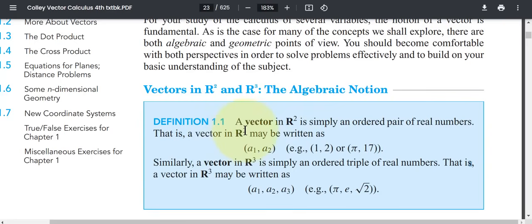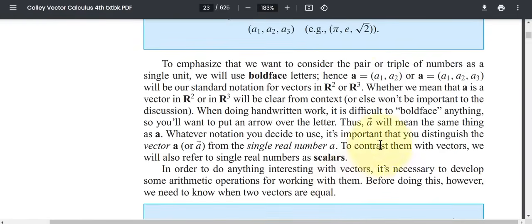It just means there are two elements, and each element in the vector is a real number. That's the R there. We don't have to use real numbers when we're talking about vectors, but typically we do, so we have an R, and the 2 says that there are two elements, and the 3 says that there are three elements.